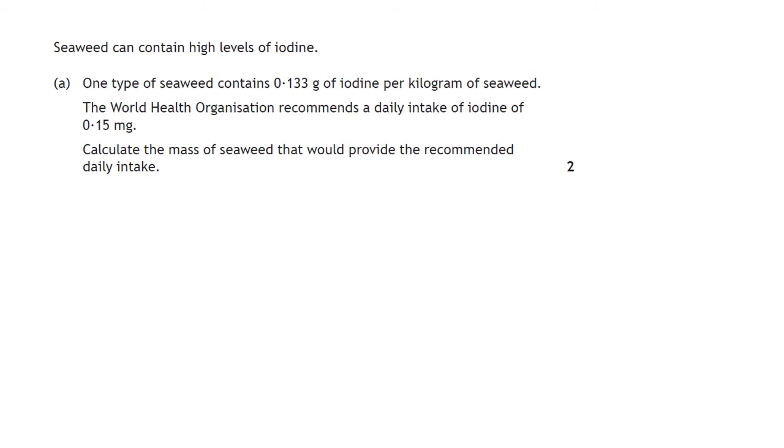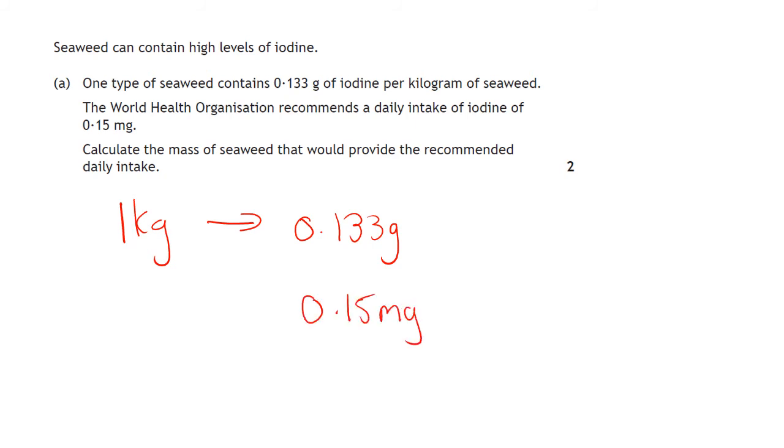So seaweed contains 0.133 grams of iodine per kilogram of seaweed. So 1 kilogram of seaweed contains 0.133 grams of iodine. Now we want, so the recommended daily intake is 0.15 milligrams. And the question is, how much seaweed gets here?